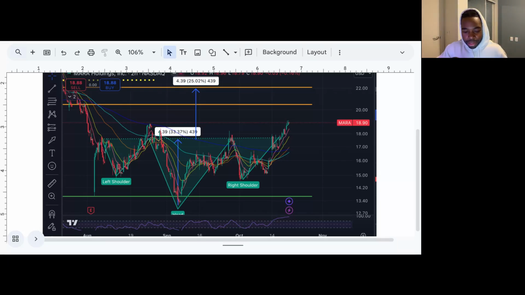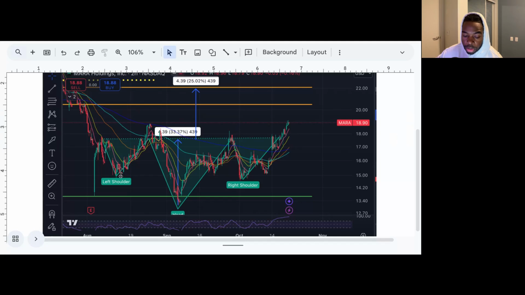All right, so we have this neckline, and basically what's happening with an inverse head and shoulders is we put in a low, we go to this high, we put in a lower low. Okay, so if we go from a low to a lower low, then that's pretty bearish. That means that we're going lower. But then what happens is we get a flip, where we go back to that high, and then put in a lower high, or a higher low.